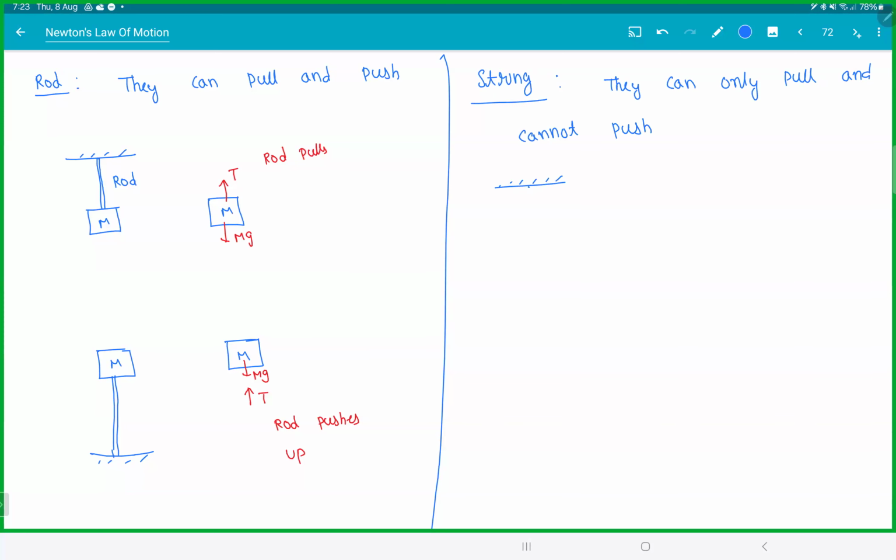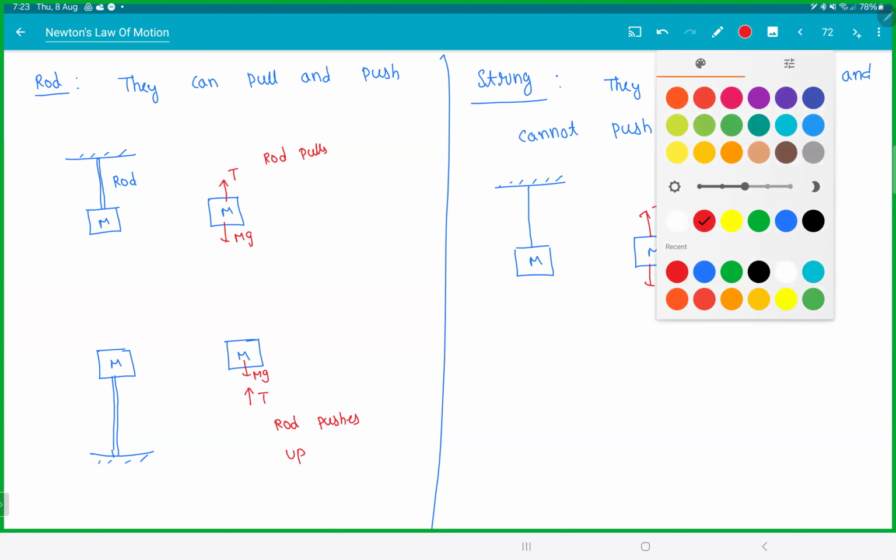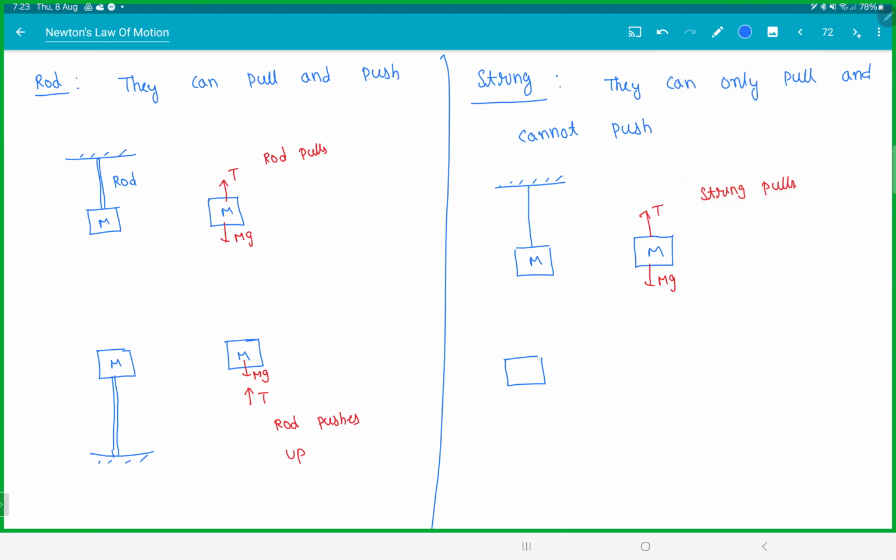Meaning, if I take a string and attach a block, there is tension, Mg, and the string pulls. But if you try to put an M on top and hold it with a string like this, the block literally falls down and the string becomes loose. Strings cannot push.